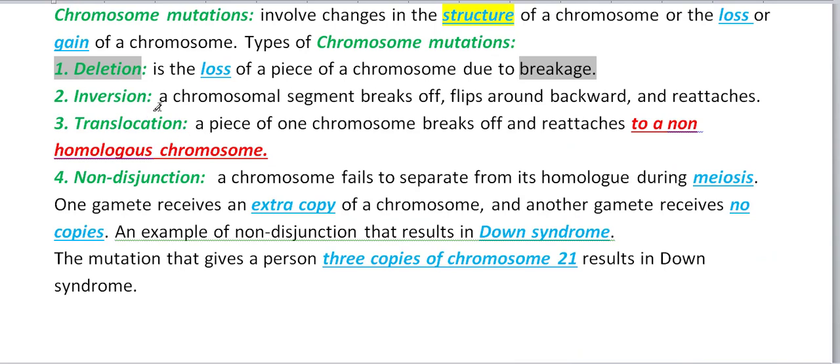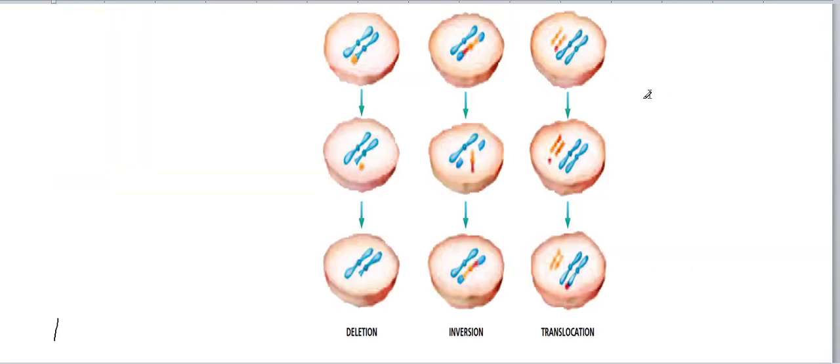The second one is called inversion. In inversion, a chromosome segment breaks off. The first step is break off, then flip around backward, and then reattach. See the second figure. This chromosome is one homologous chromosome.